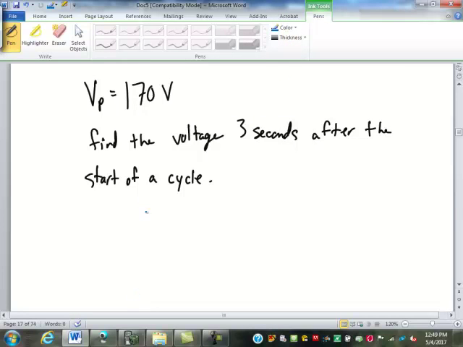Now, first thing we have to do, well, let's write out the formula here. Our instantaneous voltage is going to equal our peak voltage of 170 times the sine. In parentheses here, I'm going to put omega, which is 120 times pi times t, which is 3 seconds here.